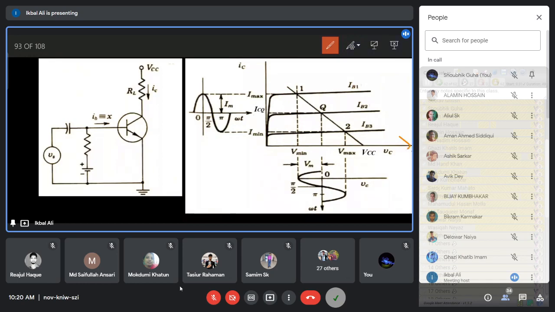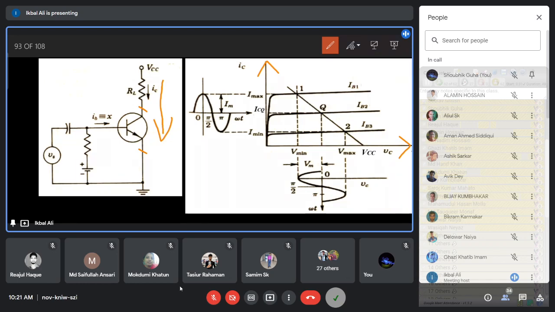On this side, you have the collector to emitter voltage, that is the voltage between the collector and the emitter. And on this side, the ordinate, you have the collector current, which is flowing through the device. So this is the output characteristics.